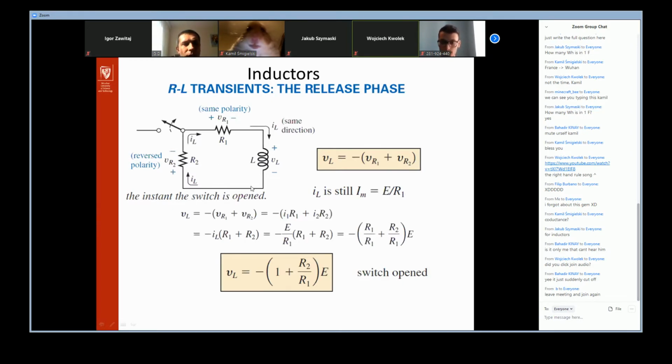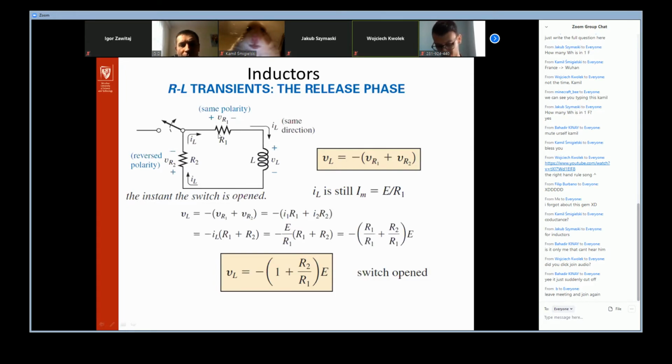So if we turn off this switch, that's why we'll have the minus VL, and VL, because this is the closed loop, should be equal, according to the Kirchhoff voltage law, to the sum of the voltage drops on each component here, because this is just the resistances.